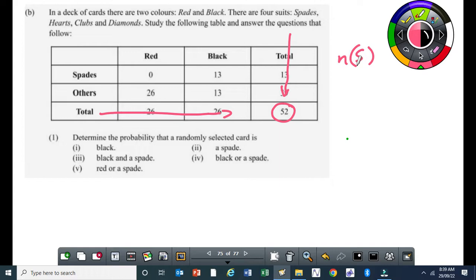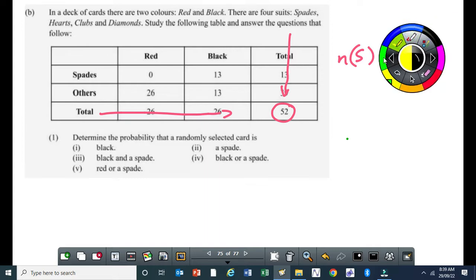The question says, determine the probability that a randomly selected card is black. So you just go to those cards that are black. Remember, if cards are black, they can be spades or they can also be clubs. So the total of the black ones, in this case, is going to be 26. You just add 13 plus 13, you get 26.